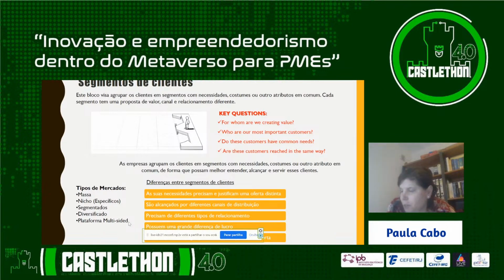But sometimes the companies don't do that segmentation. They work with the mass market. For example, when we think about medicine, the companies usually don't do that segmentation. They offer a product to all the customers. The companies only have a large group of customers.